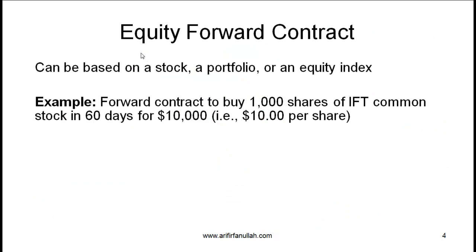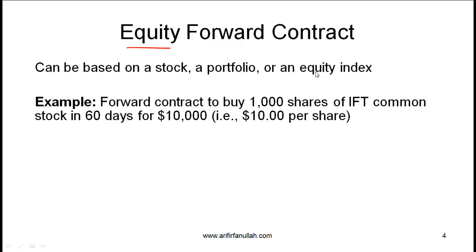So now we are going to talk about several kinds of forward contracts, and in this reading we are primarily focused on forward contracts with financial assets. We will talk about forward contracts with various kinds of equity, such as a stock, a portfolio, or an equity index.